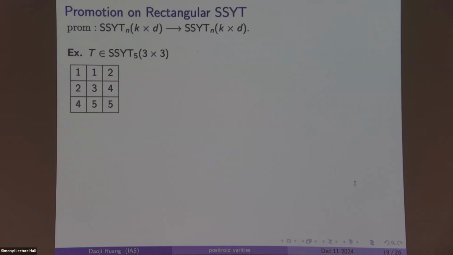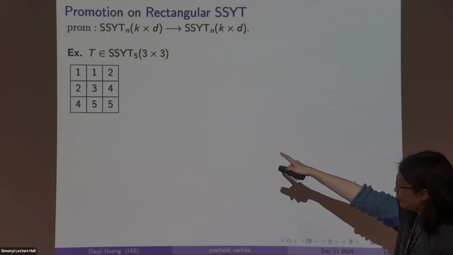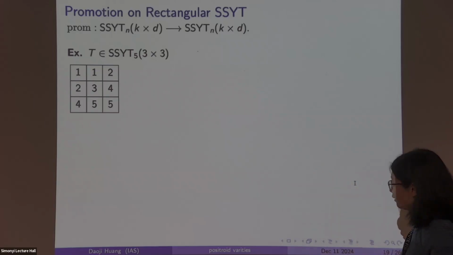Let me define what promotion does. I fix k, n, and d. Here my n is 5. First of all, if 5 does not appear in my tableau anywhere, I just add 1 to everyone, and I'm done with my promotion.